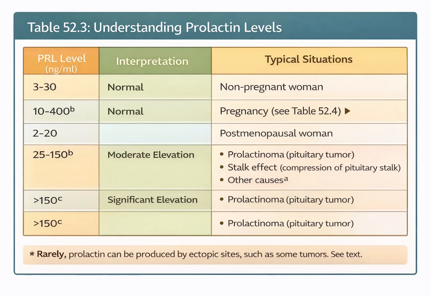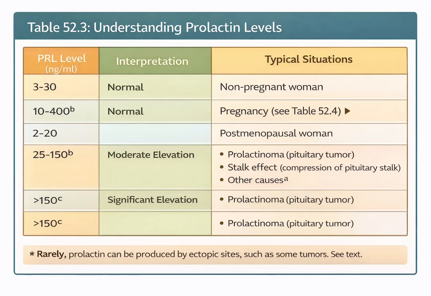So how will you tell whether the pituitary tumor is there, or some other tumor is compressing the stalk of the pituitary, and that is why the inhibitory effect is lost? For that, you have to look at the rule of thumb. You take the prolactin level, you divide it by 2, and you get the percentage. Let's suppose the value comes out to be 150. So 150 divided by 2 is 75%.